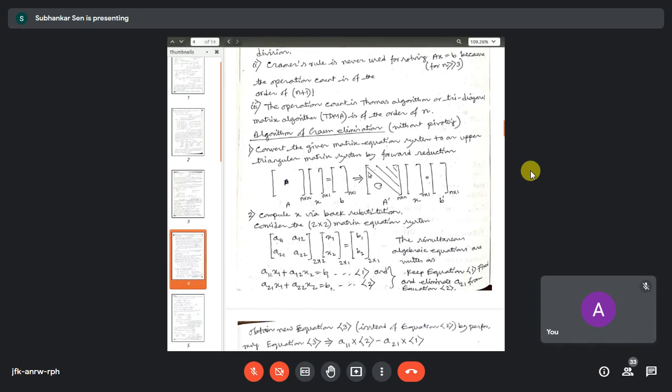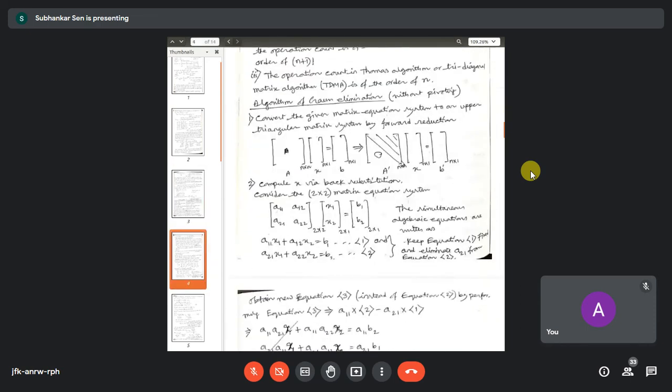Then you go for the second forward reduction. With the second forward reduction, the first two terms of the third equation, or the third row, will be gone. Every row represents the terms of an equation: this row corresponds to the first equation, this row to the second equation.